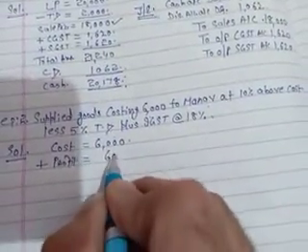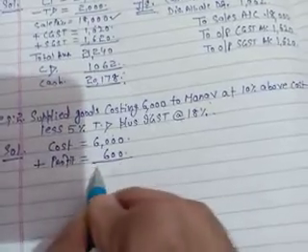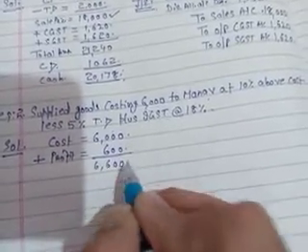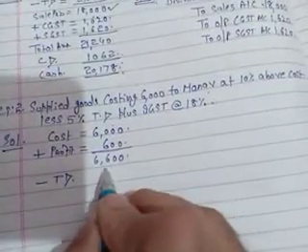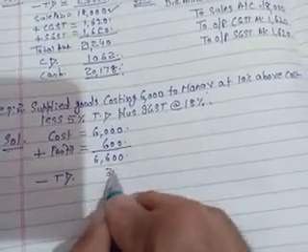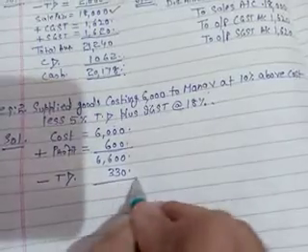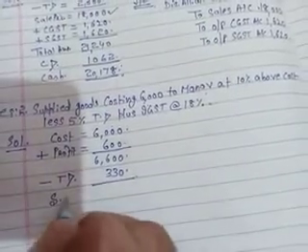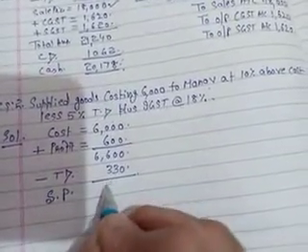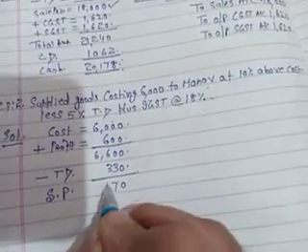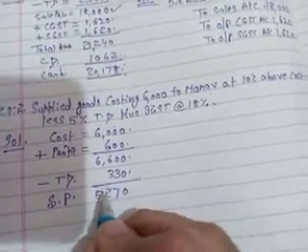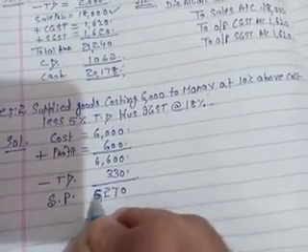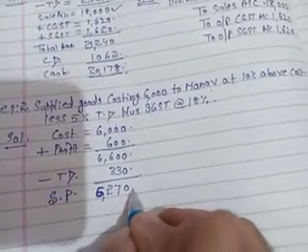That means 600, 6,600 at a trade discount of 5%. 5% of 6,600 is 330 rupees. So net sale price is equal to, sorry, 6,270 rupees.